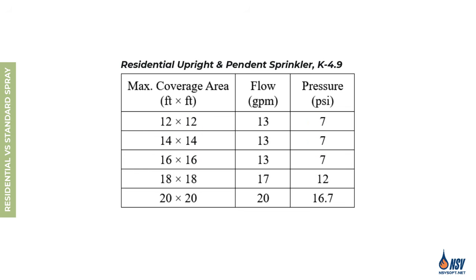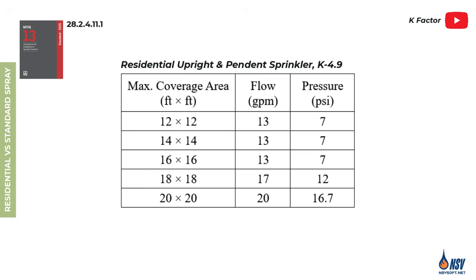This is because the standard specifies 7 pounds per square inch as the minimum operating pressure for sprinklers. Although testing may show that these coverage areas could be achieved with lower pressures, the standard's minimum pressure requirement is why 7 pounds per square inch appears in the table.